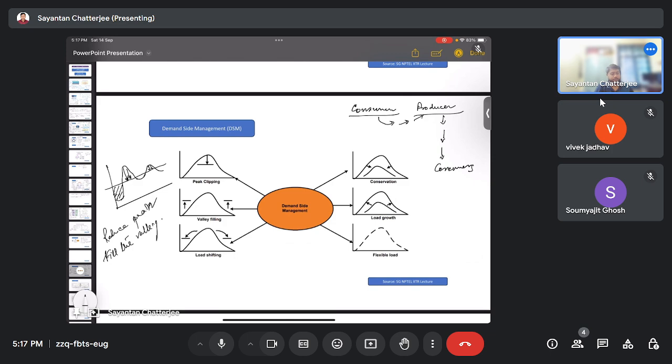So with this thing in action, demand side activities can play a major role with the consumers posing their demands. With the customers participating, now we cannot shut down a customer's fridge or AC from a distant location.